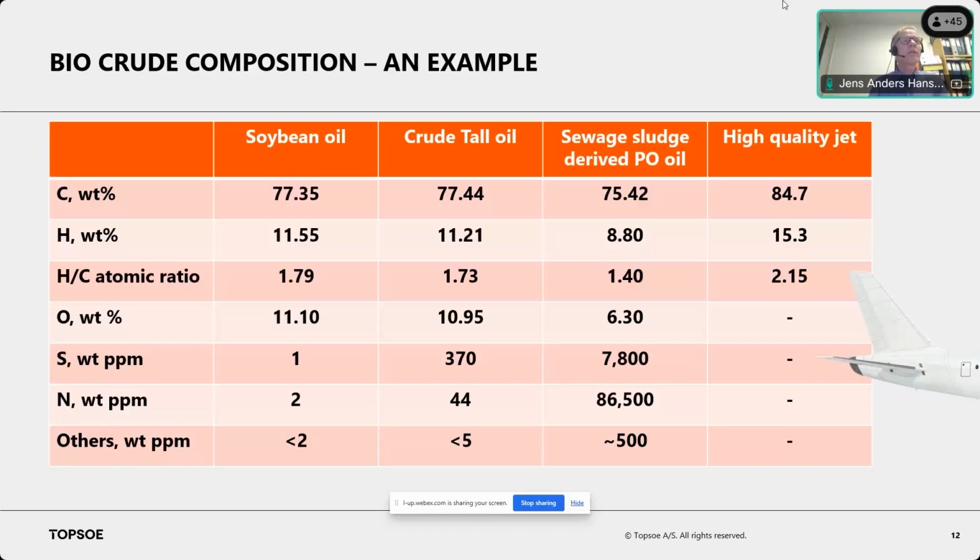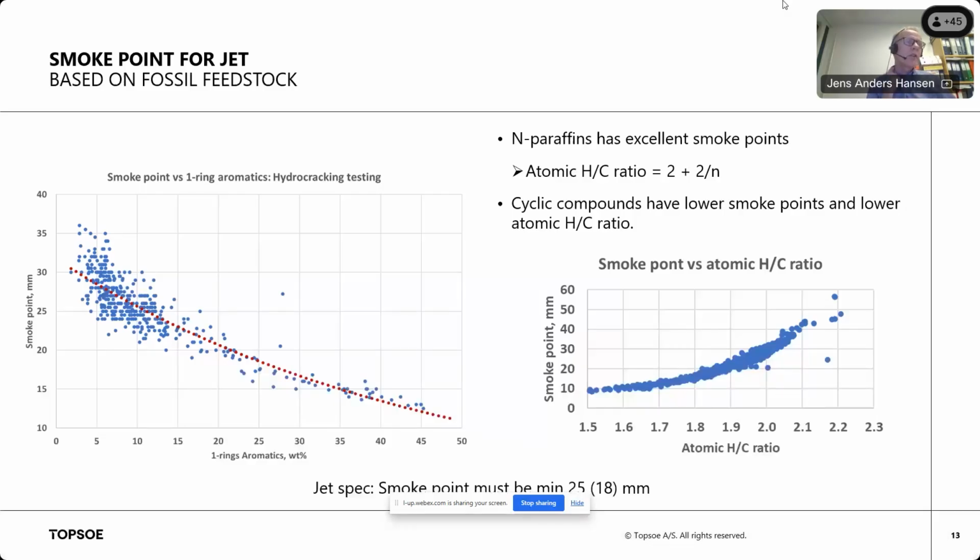So when you look at these feedstock and compare with the quality for jet, you can see that you need to add hydrogen to the oil before you are able to have a product that will have a sufficiently high hydrogen to carbon ratio. I talked about smoke point before, and here I have some data from fossil processing, and this is from TOPSOE testing here.